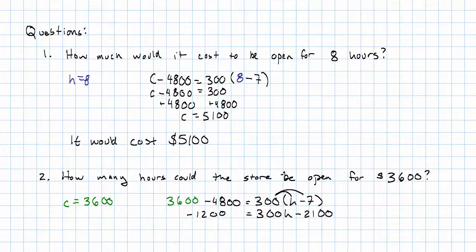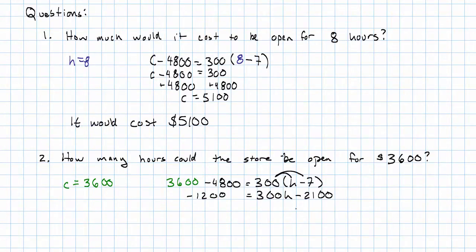Okay, what should we do next? We'll add 2100 to both sides, and we'll get 900 equals 300h. Divide both sides by 300, which I still like to think of as multiplying by 1 over 300.